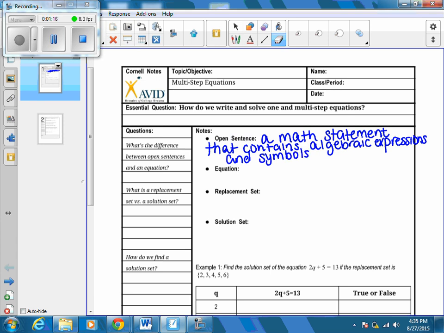The next thing we need to talk about is an equation, okay? So something we're familiar with, but the definition is a sentence that contains an equal sign.